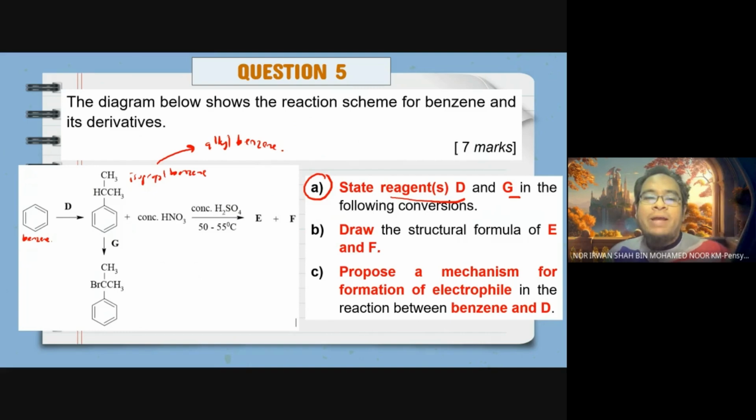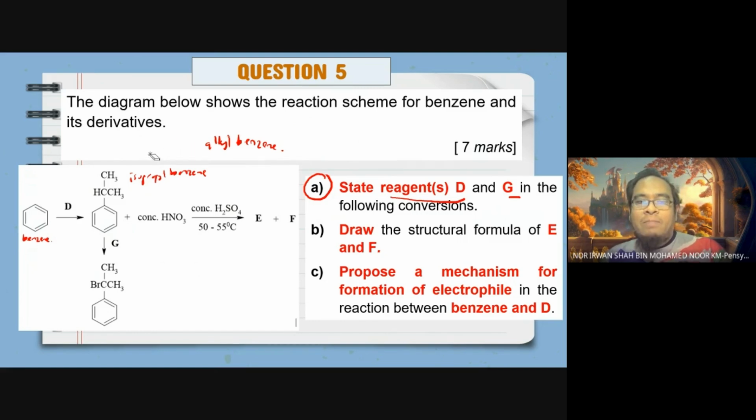So kita dapat alkyl benzin. And guys, what do we call that reaction? Apa nama reaction tu? Daripada benzin dapat alkyl benzin. Ada dua nama besar kat situ. Apa? Friedel-Crafts alkylation. Jadi dalam reaction yang pertama ni guys, daripada benzin nak dapat isopropyl benzin.